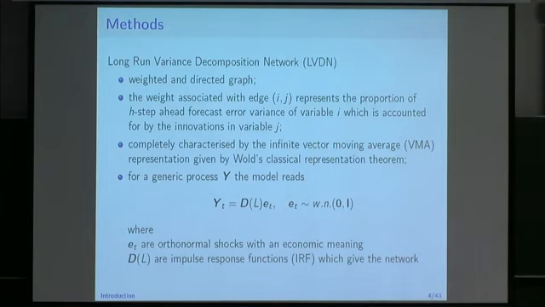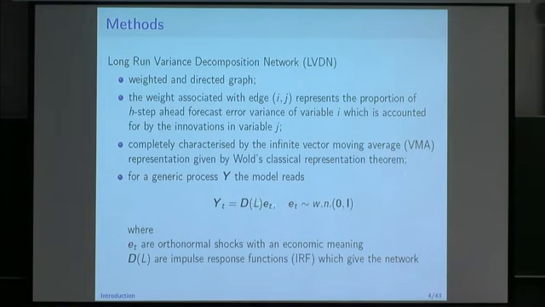What is D of L? This is a kind of notation that we're using. It's a polynomial in the lag operator. It means that D of L applied to E will load E at time t, E at time t minus 1, E at time t minus 2, E at time t minus 3, and so on, going back in the past. The standard decomposition says that D has an infinite order in principle, but that's a technicality.